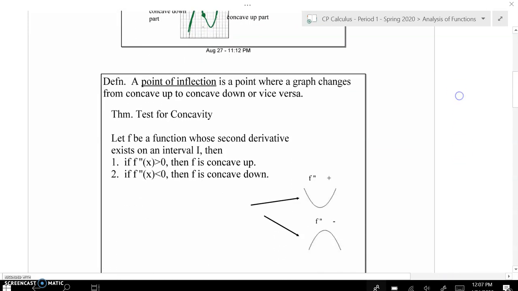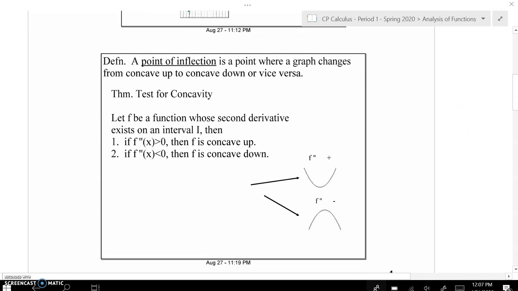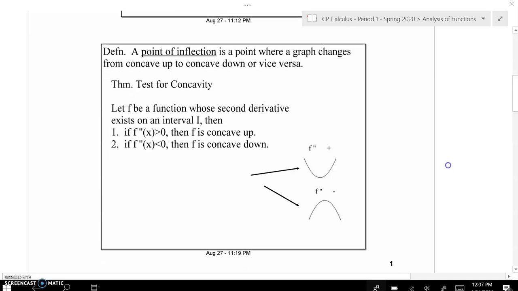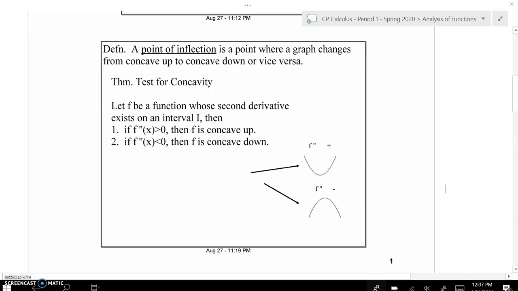So what is a point of inflection? I kind of hit on it before, but just to reiterate, a point of inflection is a point where a graph changes from concave up to concave down or the opposite. And then the test to figure out concavity, where it is concave up and where it is concave down, hopefully you figured out yesterday from the Desmos activity: you're going to use the second derivative. So you're going to take a second derivative.